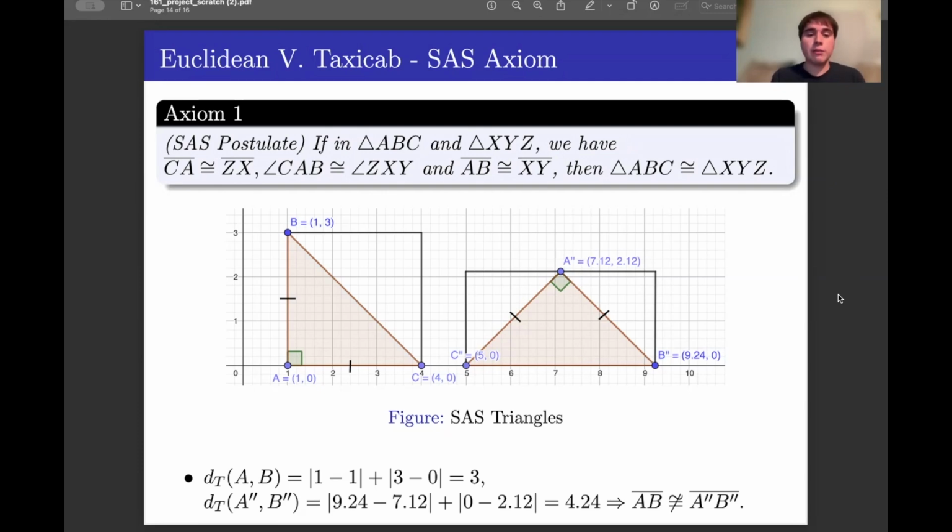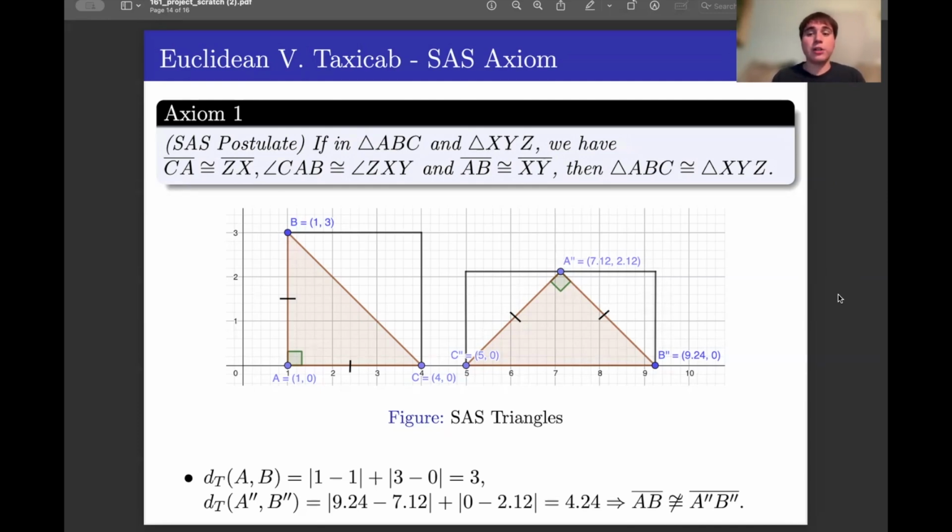The distance between A and B comes out to be 3 units, while the distance between A double prime and B double prime is 4.24 units, and thus the line segments are no longer congruent to each other, and so the side angle side axiom actually fails in the taxicab metric for this reason.